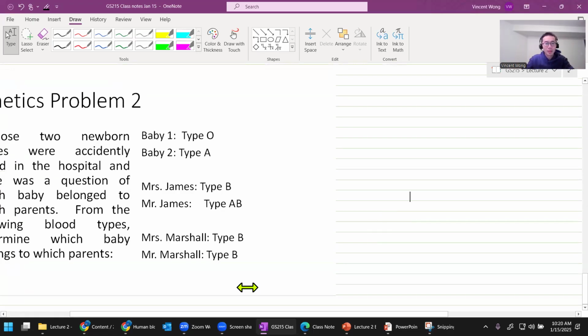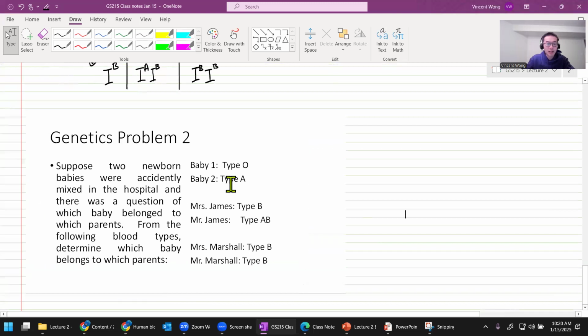All right. So we have two babies here. Baby one is type O, baby two is type A, and we got the Jameses here and then the Marshalls. You do not need to do a Punnett square to figure this out. You can just reason through it. So I'm gonna give you a moment to try that. Okay. Think about who's who. And you can let me know when you have an answer.